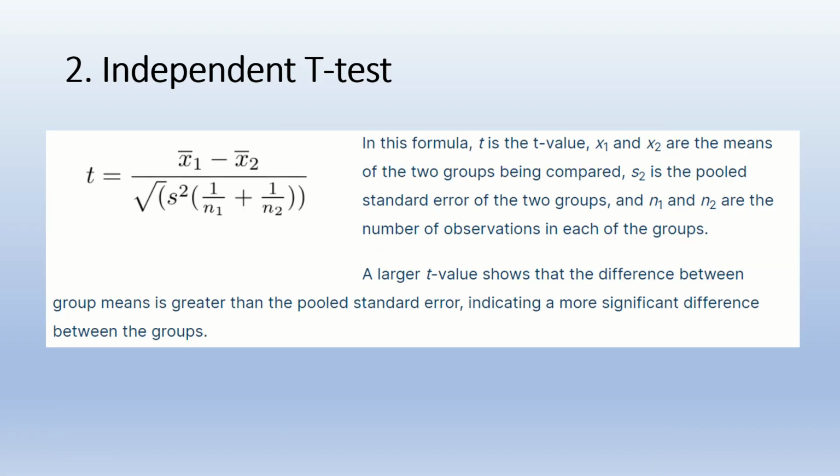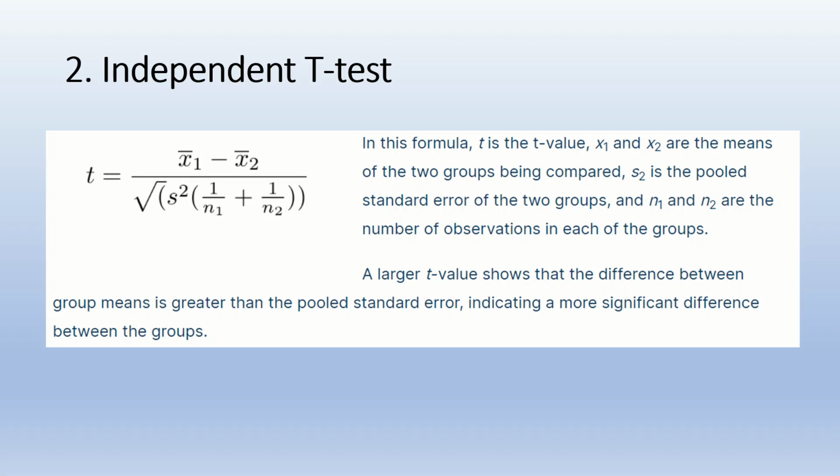In the independent t-test, we have two groups, for example, boys and girls. X bar 1 is the mean from one group, X bar 2 is the mean from the other group, N1 is the number of individuals in one group, N2 is the number of individuals in the second group, and S is the pooled standard error.